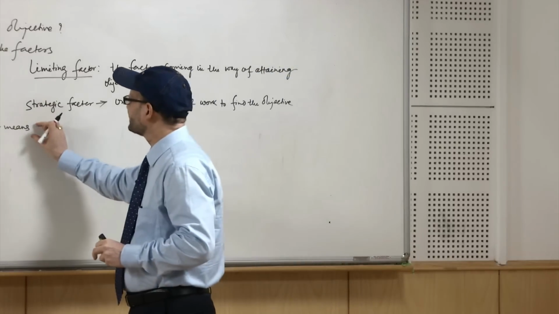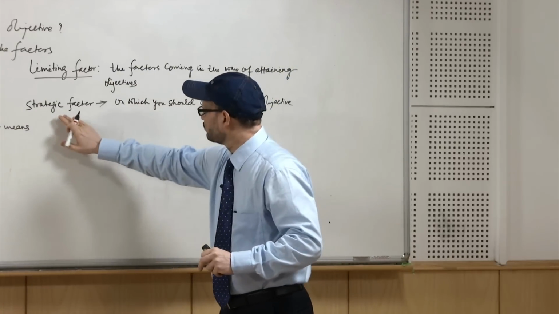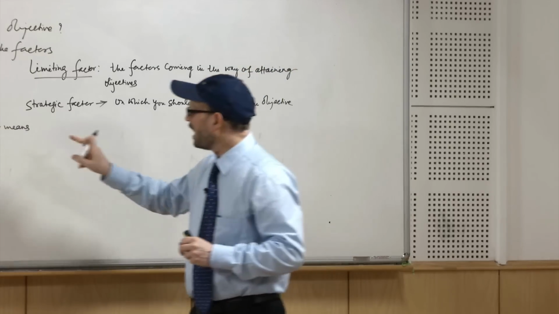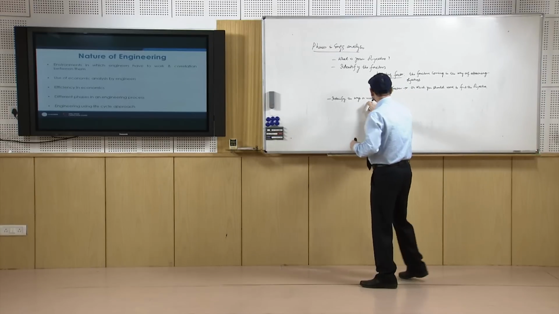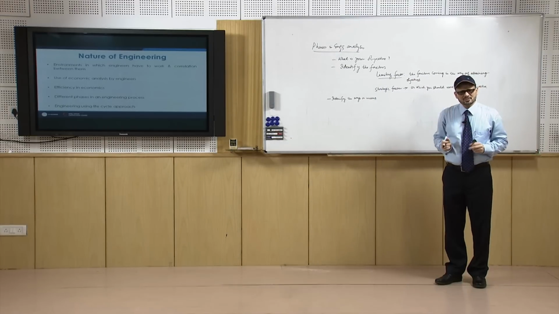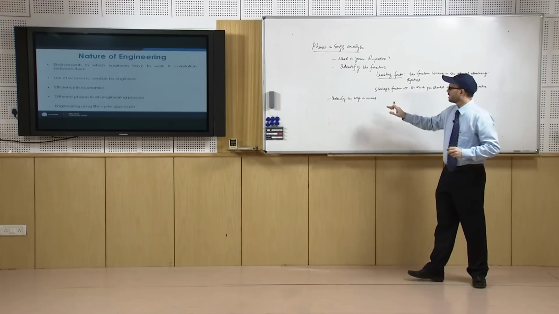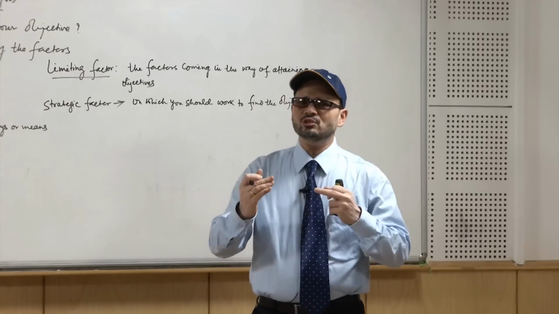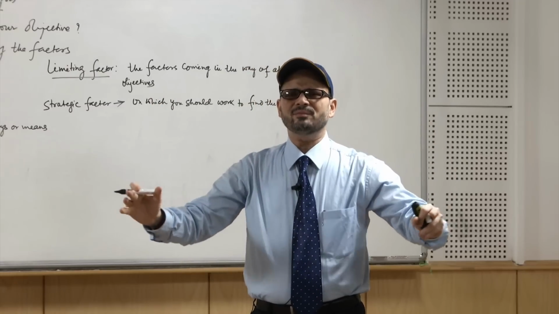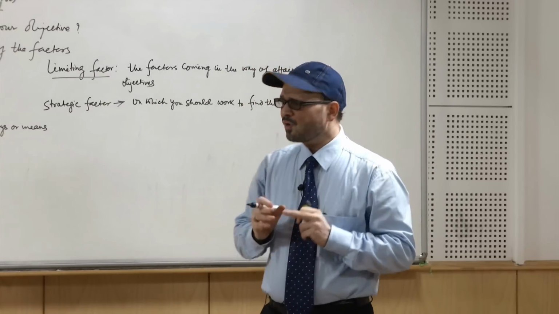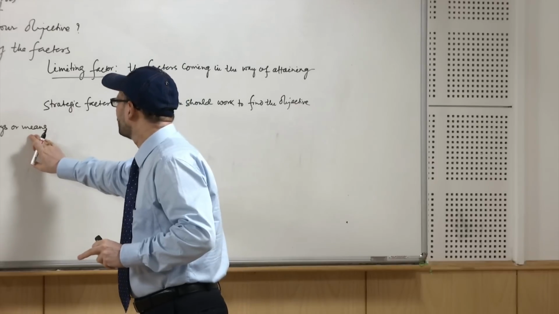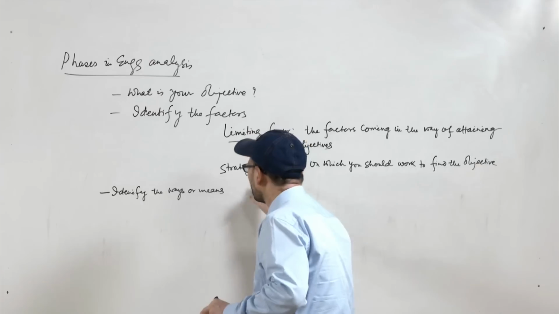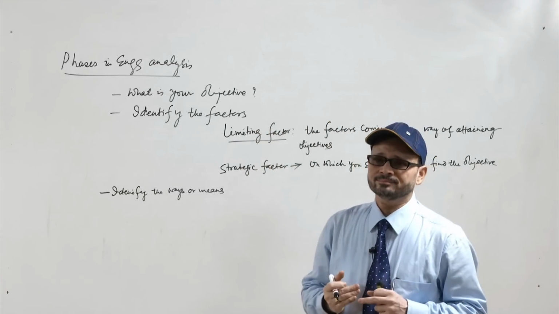So, basically they are nothing but proposals. The way you are working on this strategic factor, you get different proposals. Now, the proposals which use the engineering principles are the engineering proposals. So, engineers have basically to see what kind of engineering proposals there are, in what way you can get the work done, you can get rid of the strategic factors, you can work on them and you can get the objective.